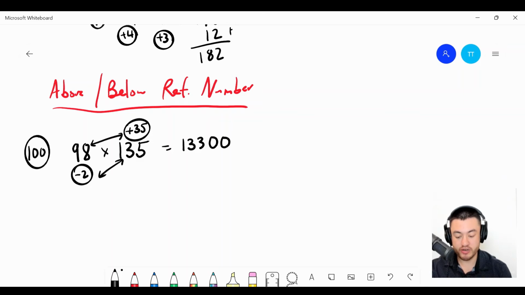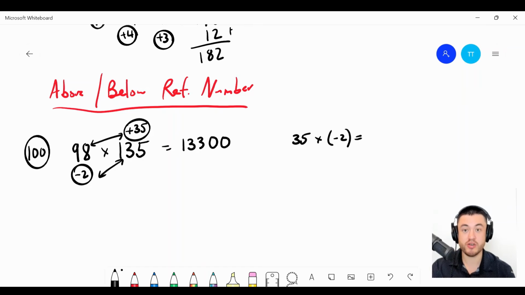And now we're actually going to do 35 multiplied by, so remember we multiply both of our circled numbers, but in this case we've got a positive times a negative. And as we know, when we have either a negative times a positive or a positive times a negative, we'll end up with a negative result, so negative 70. So what we're going to do is, instead of as before we would add, this time we're going to subtract. So we would minus 70.